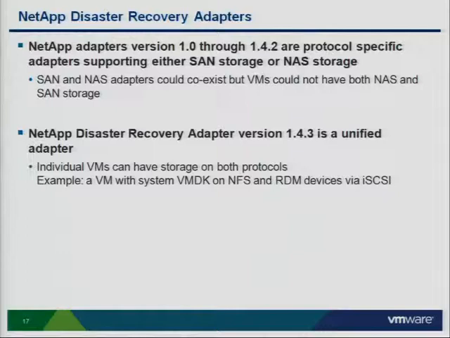So that's a virtual machine that's using both NFS storage and SAN storage, and these independent adapters couldn't support that with SRM. So as of version 1.4.3, we combined the two adapters into one, and we call that a unified adapter. If you're using 1.4.3, you just need the one adapter, and it doesn't matter what protocol your virtual machine's sitting on. You can protect it with SRM, even if it's using a mix of all three.